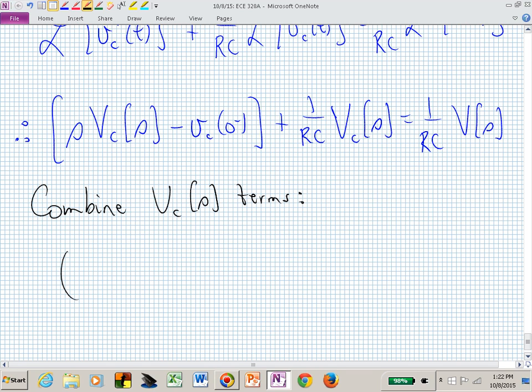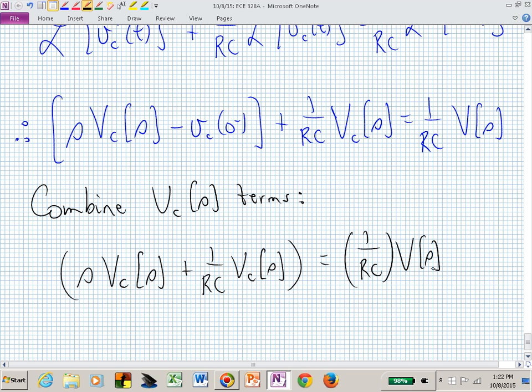I now have s V sub c of s plus 1 over RC V sub c of s, and that's equal to 1 over RC times V of s plus, now I'm adding that initial condition to both sides, and it's no longer on the left-hand side.